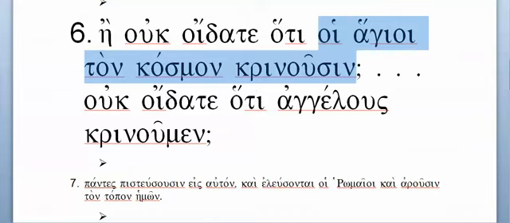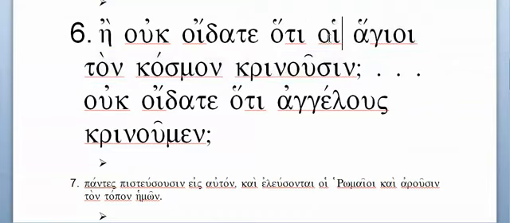And then you have the content of what y'all may not know, and your subject here is the saints, right? As soon as you see that, hopefully you recognize that it comes from hagios, which is not a noun. This is an adjective. So be very, very careful here.